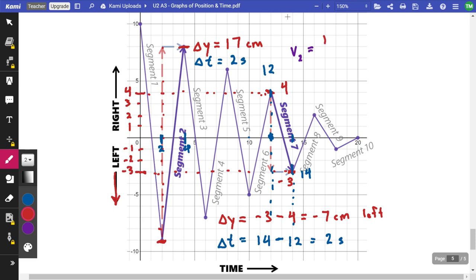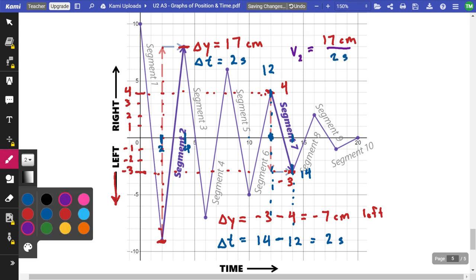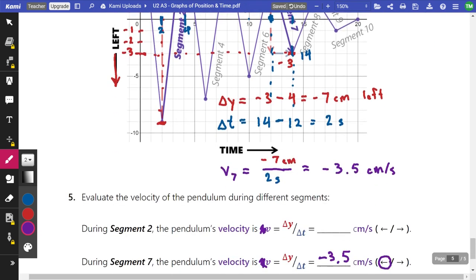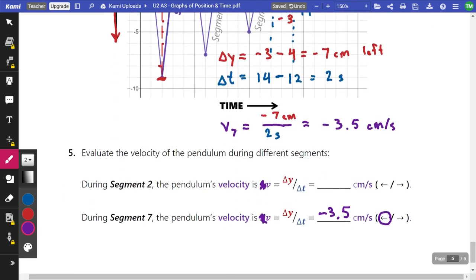So 17 centimeters divided by our 2 seconds. This comes out to be about 8.5 centimeters per second. I can go down here, write that in, 8.5. And this time this is going up on the graph, which means it's going to the right.